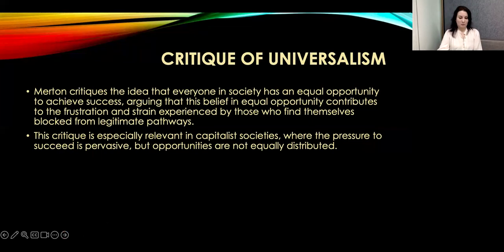Another way to understand strain theory is the critique of universalism. Universalism is basically about everyone in society having equal opportunities to achieve success. So the critique of universalism is that not everyone has equal access to opportunities, equal access to success.